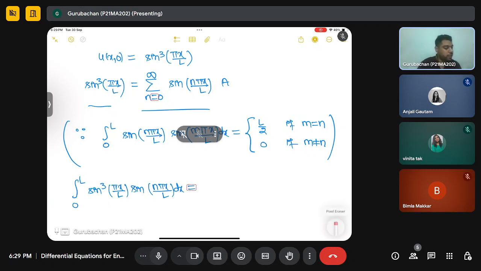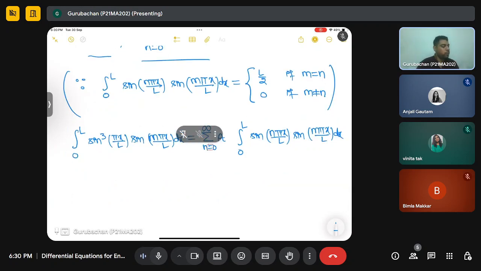Otherwise I have to write it in two steps like this: m pi x by L suppose, and the sum over n from 0 to infinity, a is a constant so it will come outside, and the integral from 0 to L of sine n pi x by L sine m pi x by L dx. So we know that by the orthogonal property, only when m equal to n will they contribute some value, and that value is L by 2.